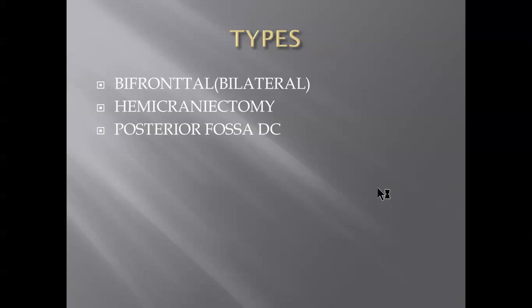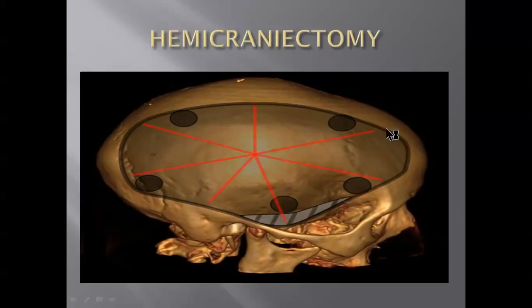So we'll discuss each one of them one by one. It can be bifrontal, hemicraniectomy, posterior fossa. So let's talk about the hemicraniectomy. Your bony skull can be taken out either unilaterally or bilaterally.